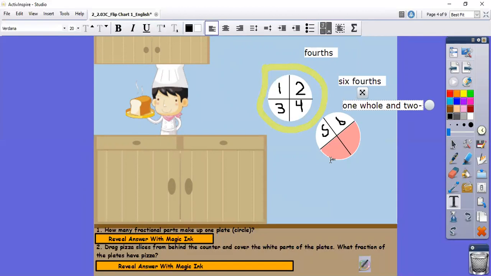Oh, excuse me, I think I said that wrong. It takes 4 pieces to make a whole. So I have 2 fourths. I have 1 whole and 2 fourths.